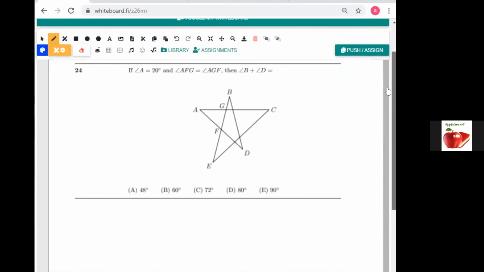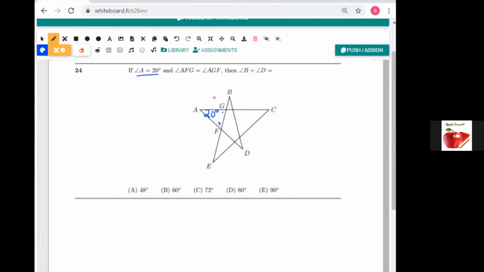Okay. Again, this is a star and a bunch of angles are given. So we know that this angle is 20 degrees because it says angle A is 20 degrees. Angle AFG is equal to angle AGF. So that means that this one and this one are the same.